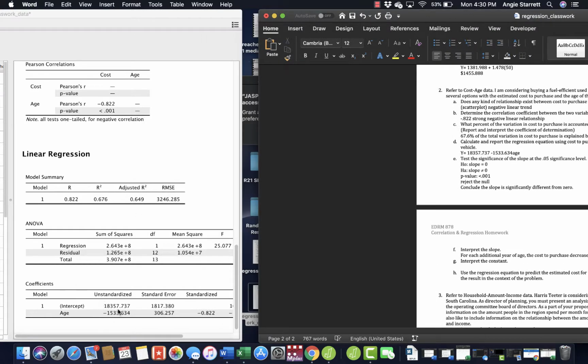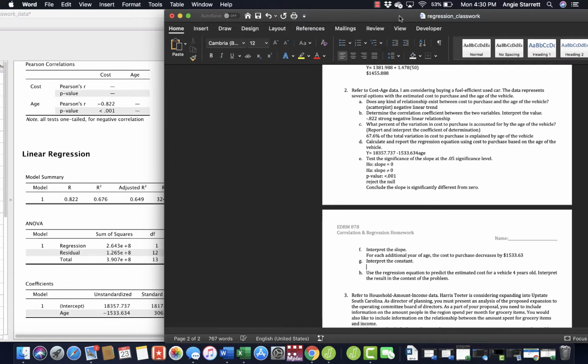We have this 18,000 number. What does that represent? Well, that's the price of a car that is 0 years old. So the cost of a brand new car is $18,357.73. And just so you know, what we're seeing here is on average.